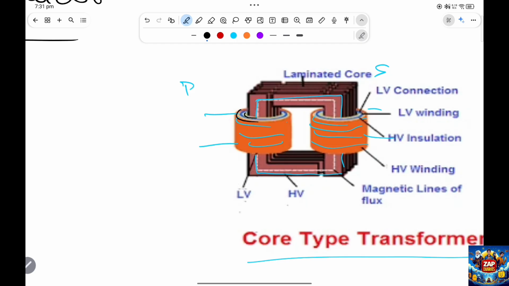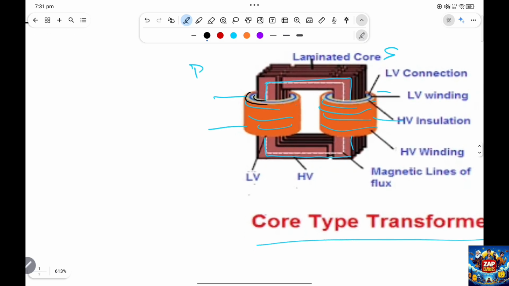So insulation is required in the winding itself. What it does is it actually blocks the leakage current in a transformer, as it is an electromagnetic induced device. It's a machine. So in this machine there's a chance of leakage current due to electromagnetic induction.